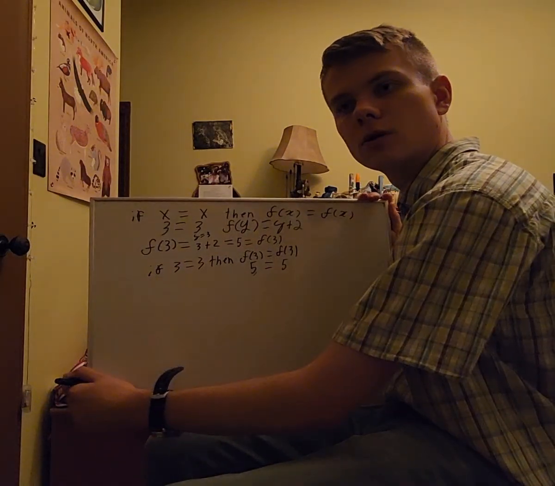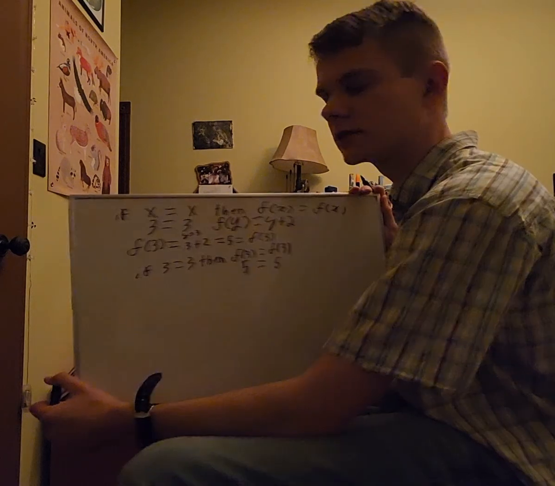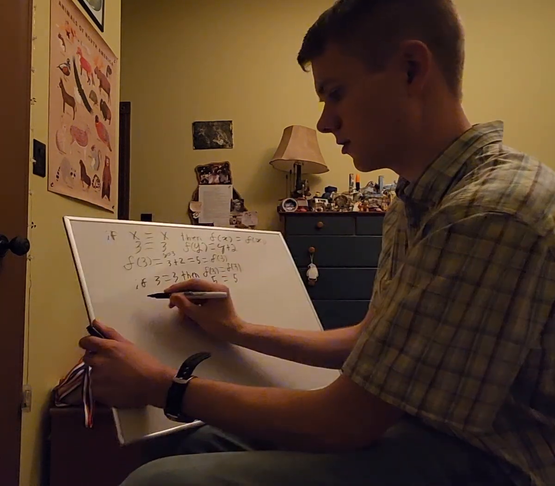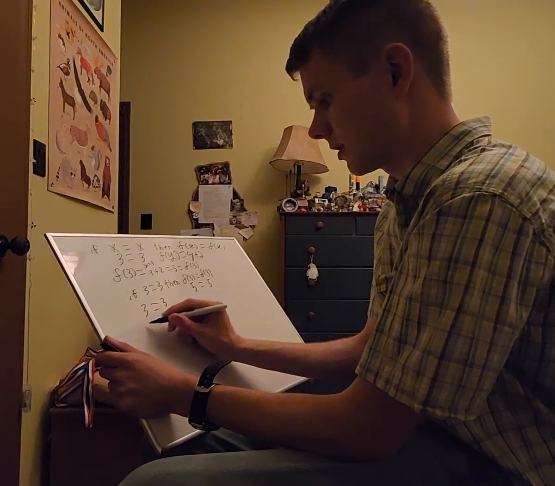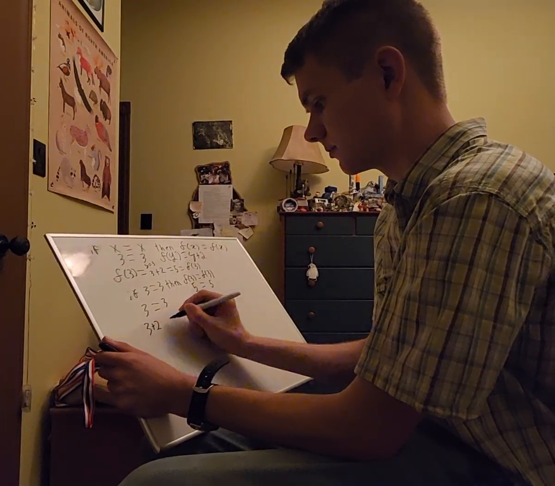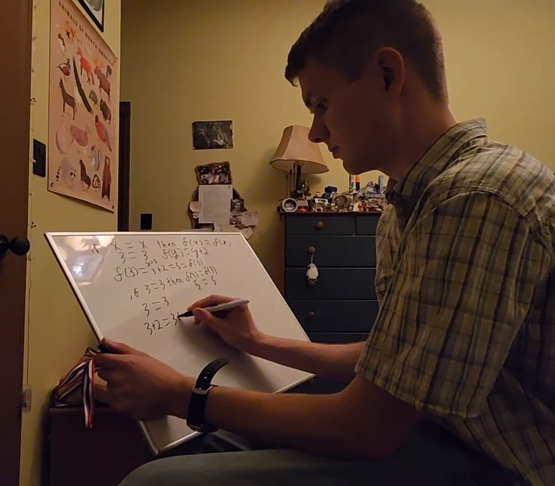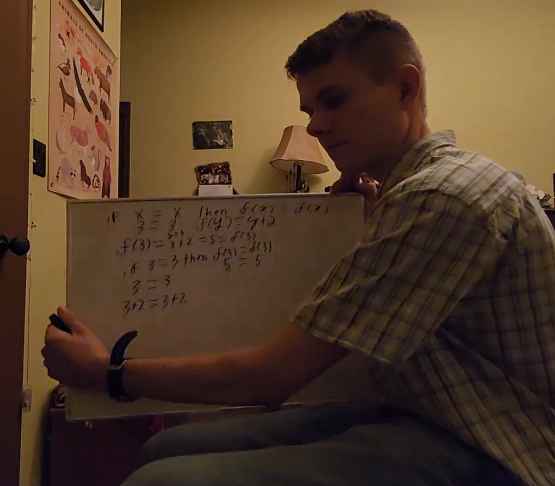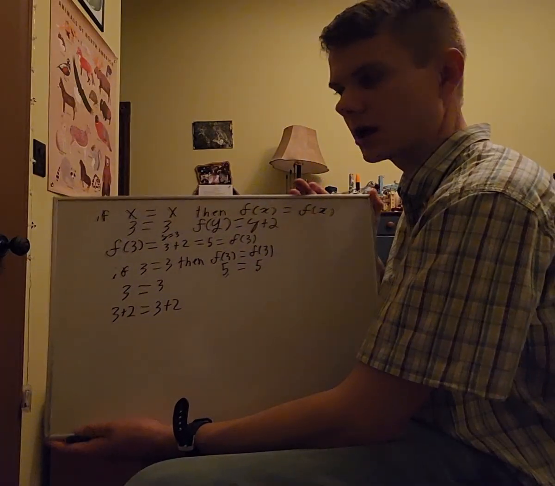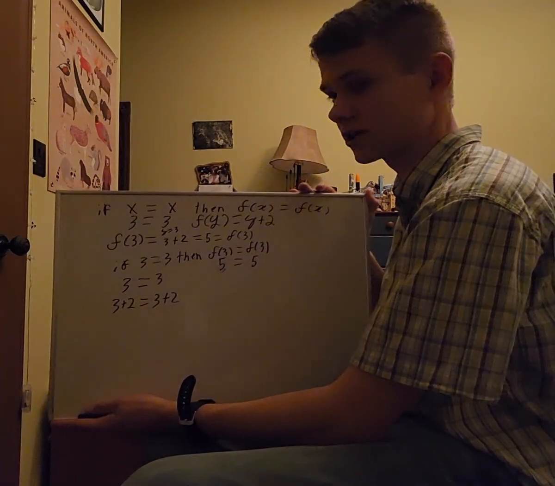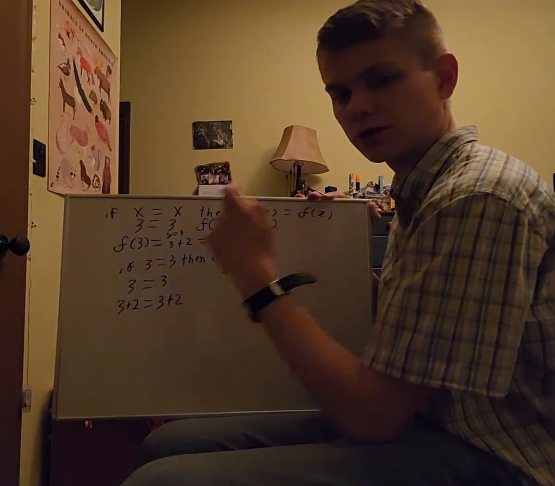Another way to say that would be: 3 equals 3 implies 3 plus 2 equals 3 plus 2. This should be really simple; nobody's debating this. And the cool thing is, you can go all the way to the quadratic formula with just a simple trick.